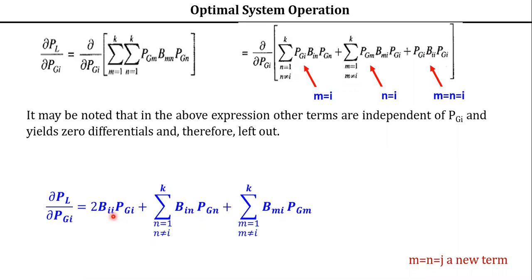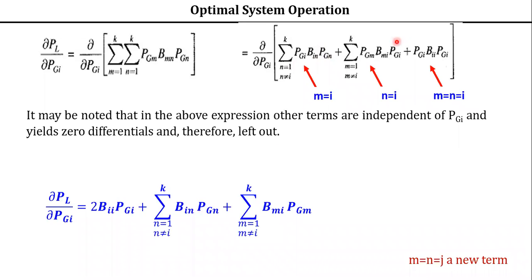Clear? Now coming back to this one, you take the partial derivative with respect to PGI. With respect to PGI, this becomes 1. What is left out is BIN, PGN with the same limits.